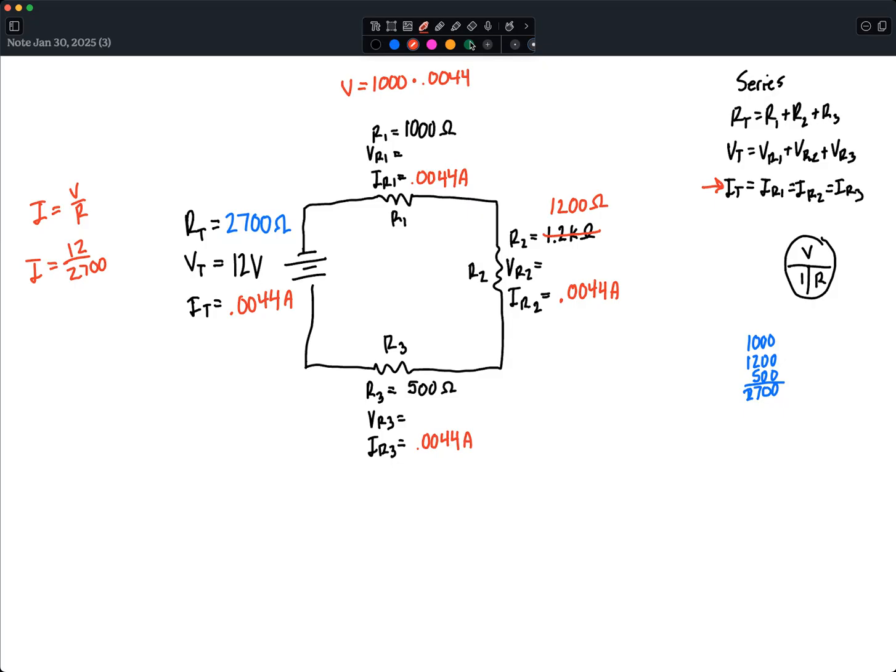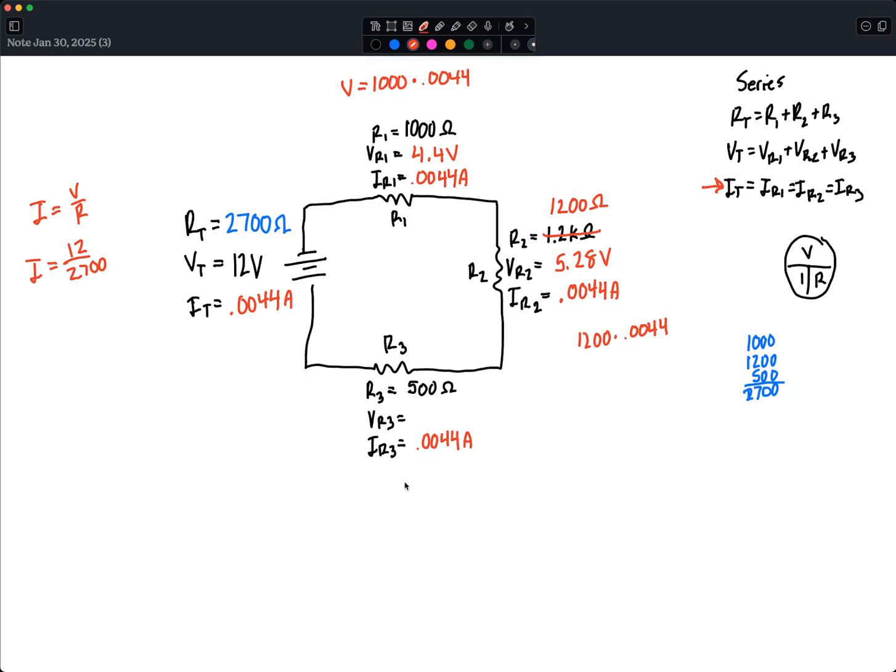Don't round until the very end. So I get about 4.4 volts. Awesome. So let's try this one. 1,200 times 0.0044. I get 5.28 volts.